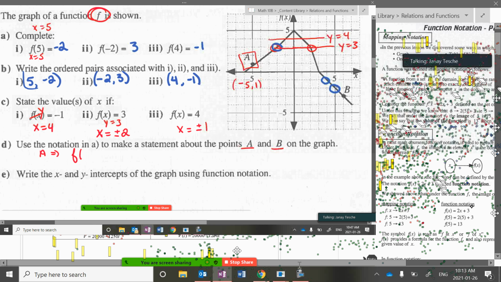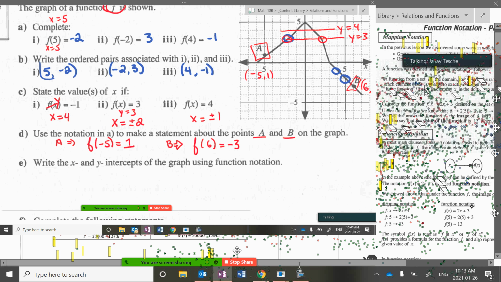So it's going to be f at -5 equaling our y value, which is 1. Our coordinates for B are at 6 and -3. So then we would say f at the x value of 6 equals our y value of -3. So it's just a different way that you can write your ordered pairs, so you can write out your coordinates.